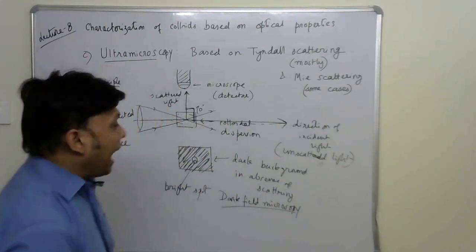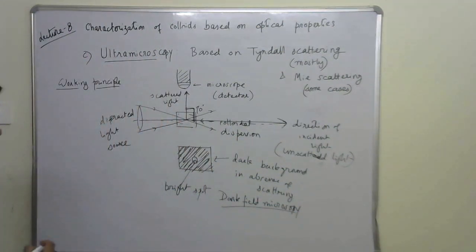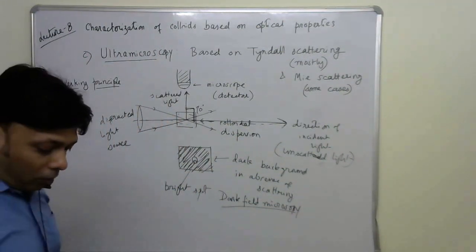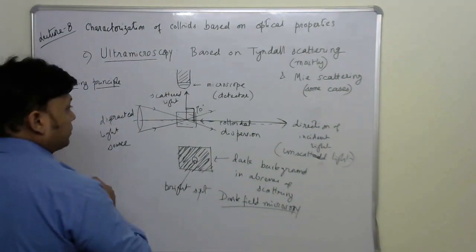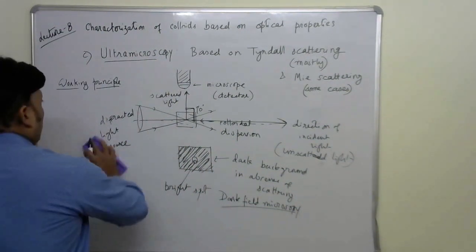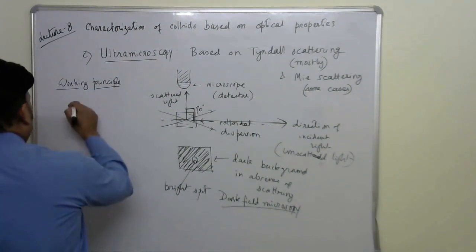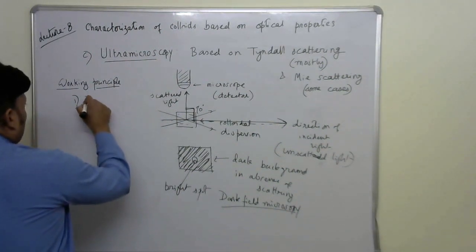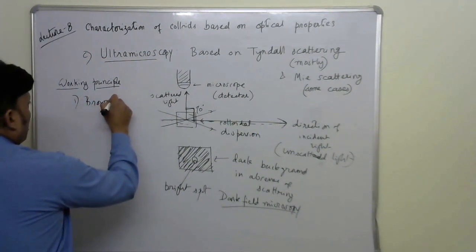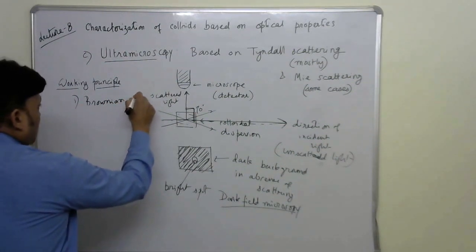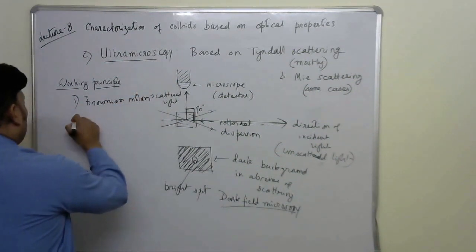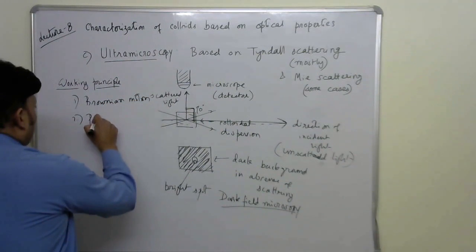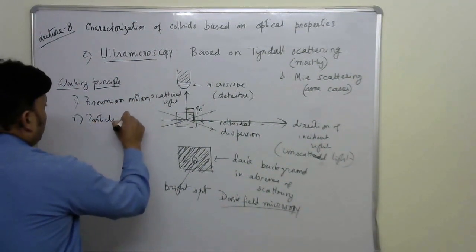So what is the application of such ultramicroscopy? As I have already mentioned a few times earlier, one of the major applications is to track the Brownian motion of certain particles, and another major application is in particle electrophoresis.